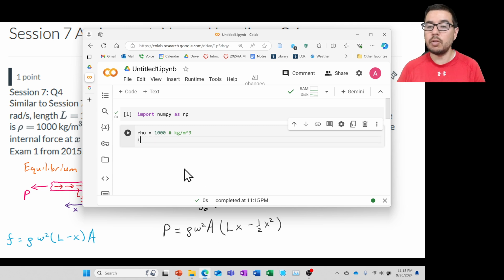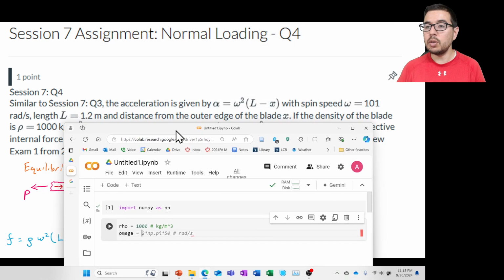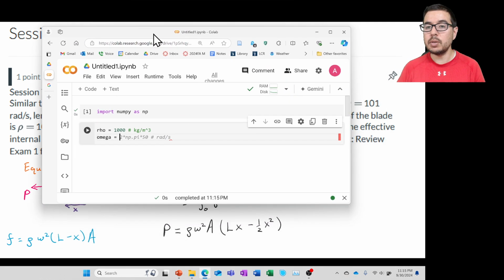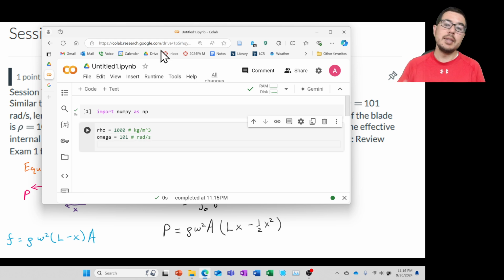So let's just define omega. And omega is going to be 101 radians per second. Remember, radians is kind of a unitless quantity, and well, this is already per second, so we're just leaving it like that.